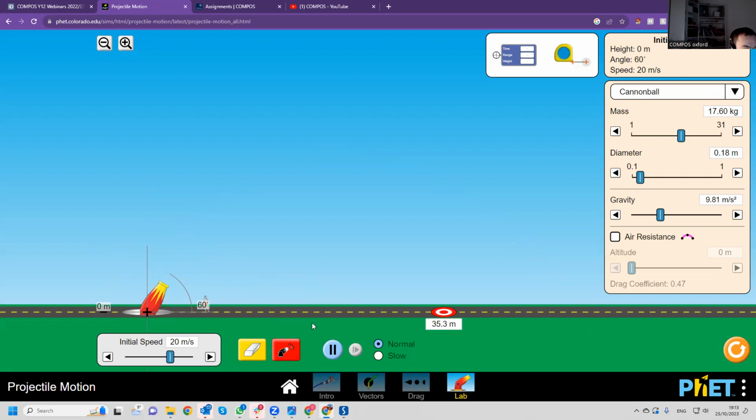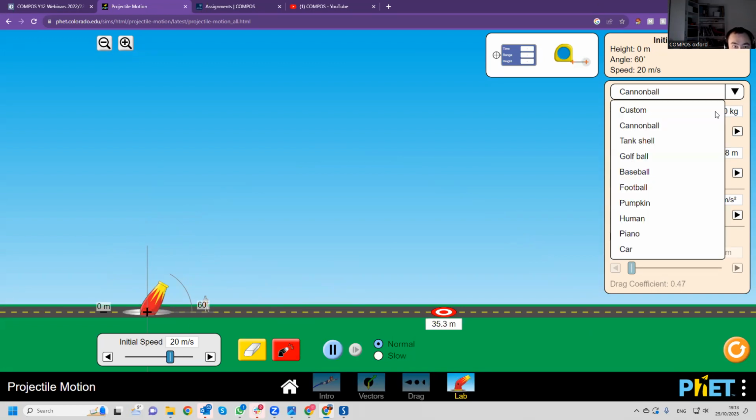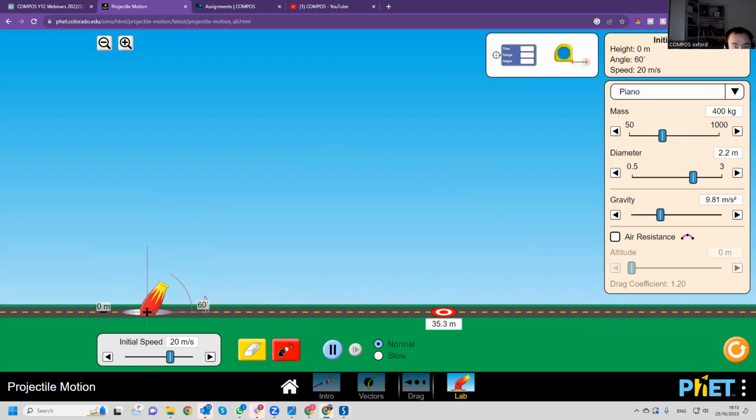Zoom in. And let's shoot a piano. Okay, and slow motion, and shoot. Bam.